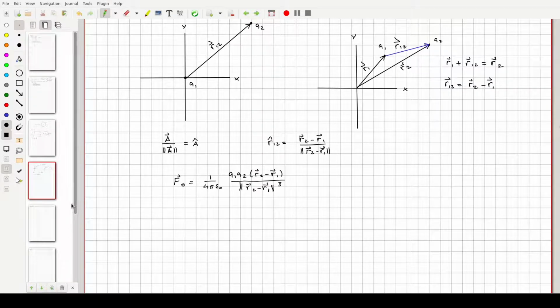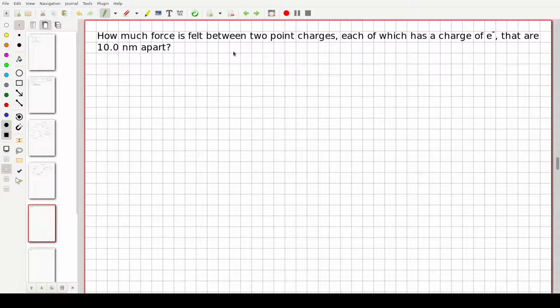So let's just do some simple examples here. How much force is felt between 2 point charges, each of which has a charge of minus E? E is the charge of the electron, 1.6 times 10 to the minus 19th coulombs, and they are separated by 10.0 nanometers. 1 nanometer is 10 to the minus 9th meters.